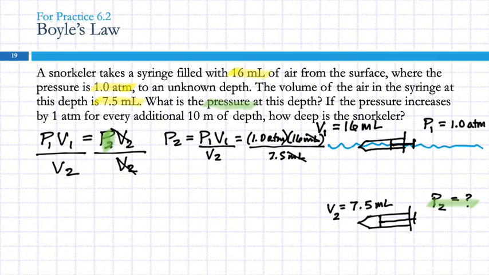So I've got 16 divided by 7.5. So pressure 2 is equal to 2.133 atmospheres. So the answer to the first question is the pressure is 2.1 atmospheres.